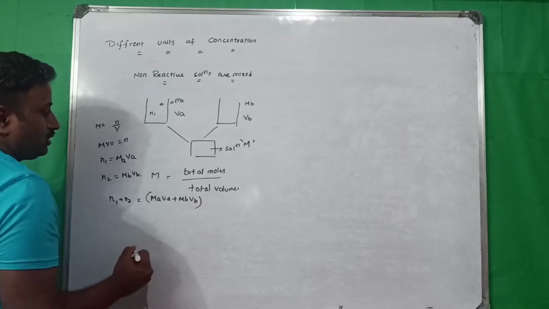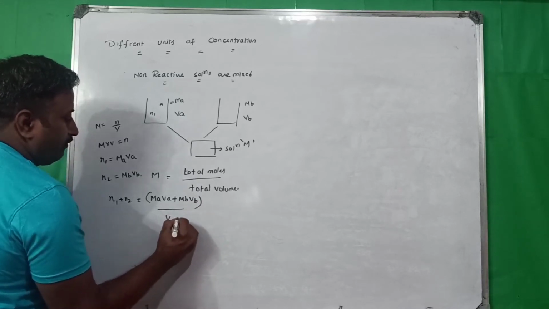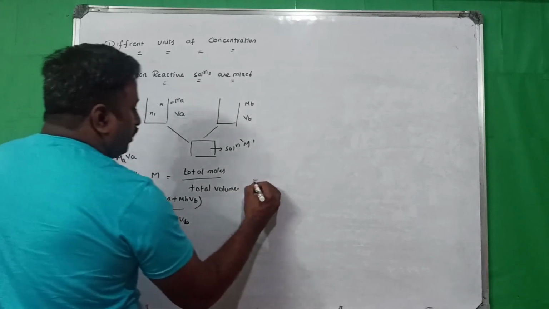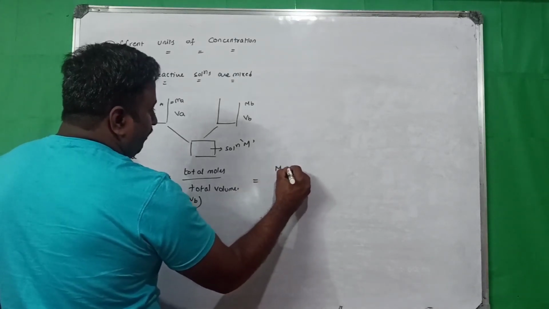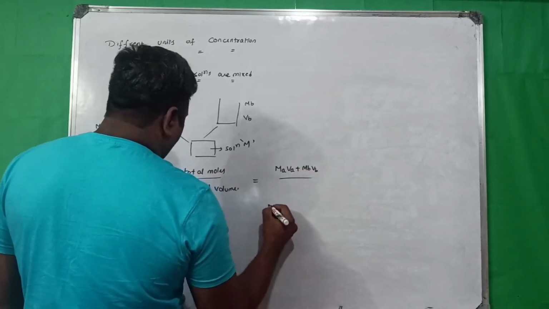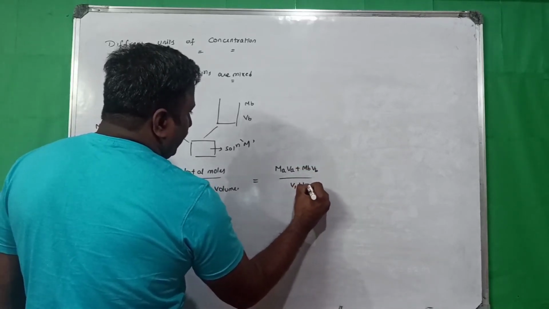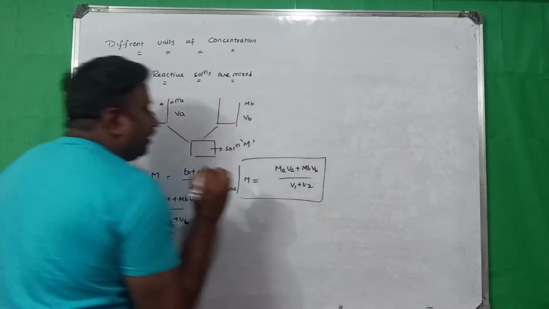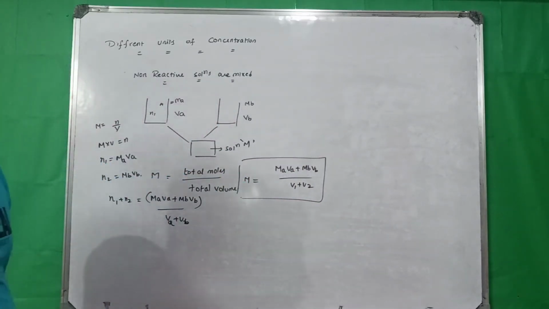This is total moles. Then total volume is V1 plus V2 or VA plus VB. Then total moles MAVA plus MBVB upon total volume V1 plus V2 will give you a resultant concentration. Let us solve one question based on this.